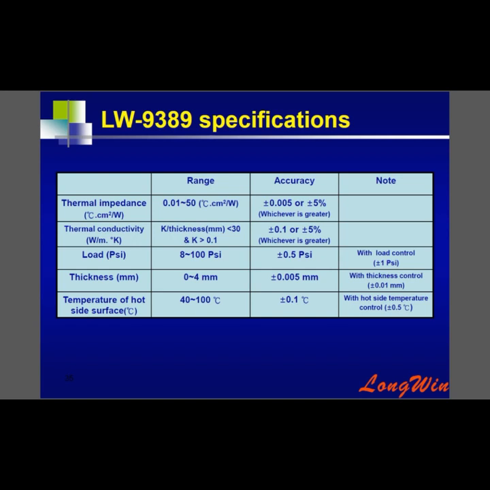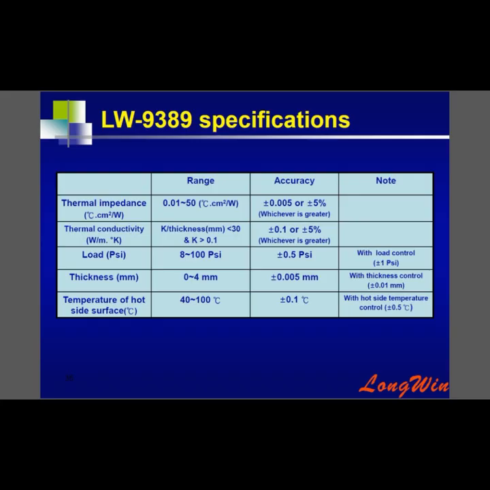The controllable range is from 8 to 100 psi, and the accuracy is plus minus 0.5 psi, and the control accuracy is plus minus 1 psi. And the fourth rule is the thickness range from 0 to 4 millimeter. The accuracy is 0.005 millimeter, and for the thickness control range, there will be 0.01 millimeter.